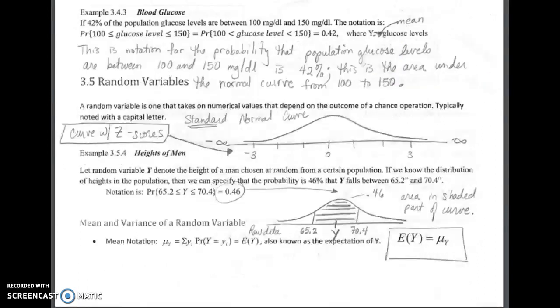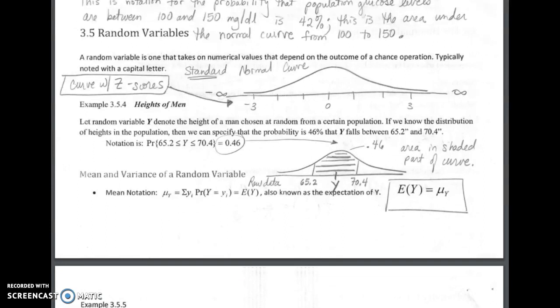If we continue on, we're going to talk about not just the normal curve, but the standard normal curve. And the standard normal curve has a mean of 0 and a standard deviation of 1. And so typically all distributions go 1, 2, 3 to the right.